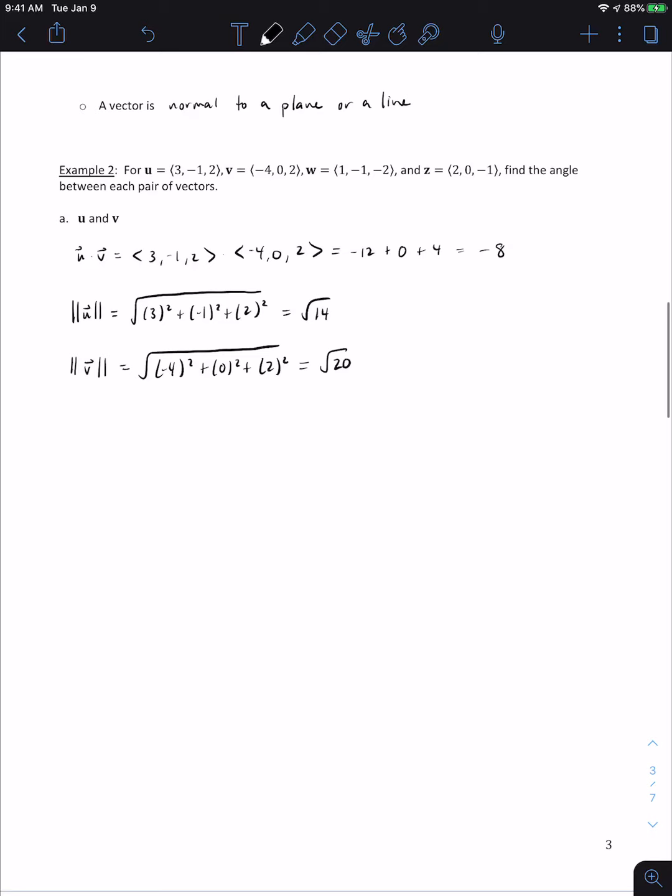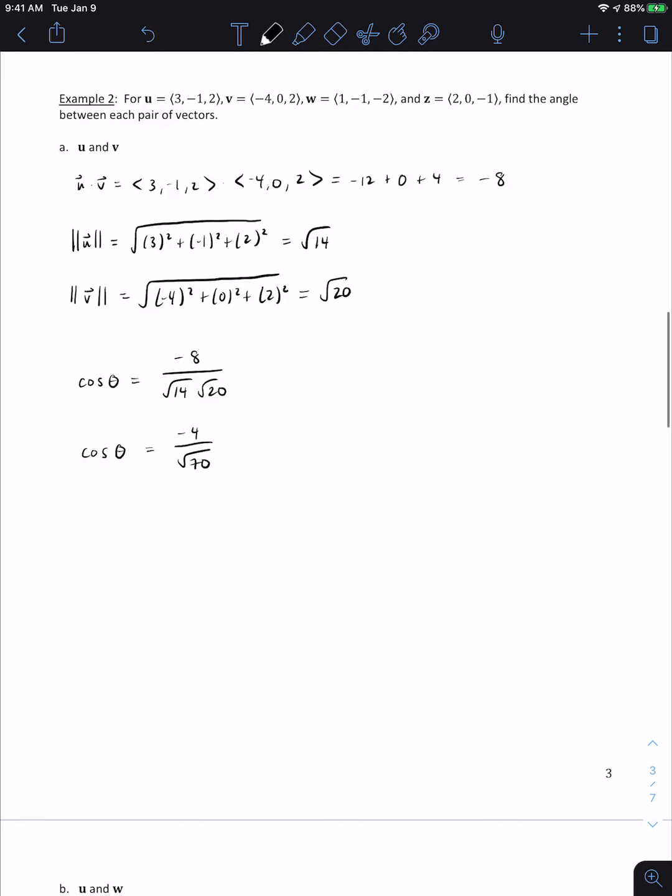So now what do we know by our formula? Well, we know cosine of theta is equal to U dot V, which is -8 over radical 14 times radical 20. And that means that cosine of theta is equal to -4 over radical 70 if I simplify that.